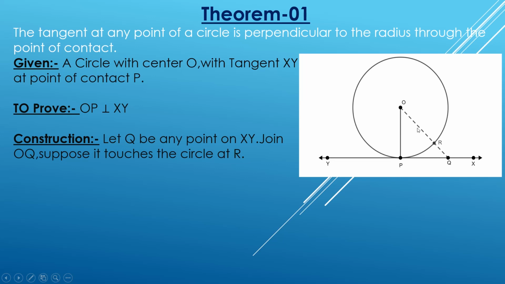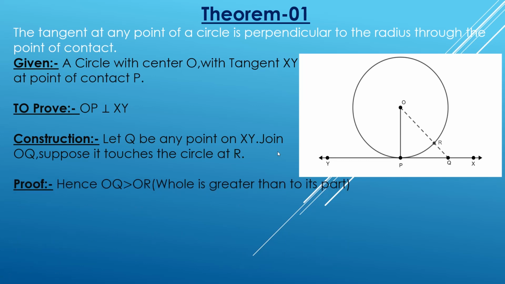Suppose this line segment touches the given circle at the point R, then we consider OR as the radius of the given circle. After that, let us move on to the next step, proof.